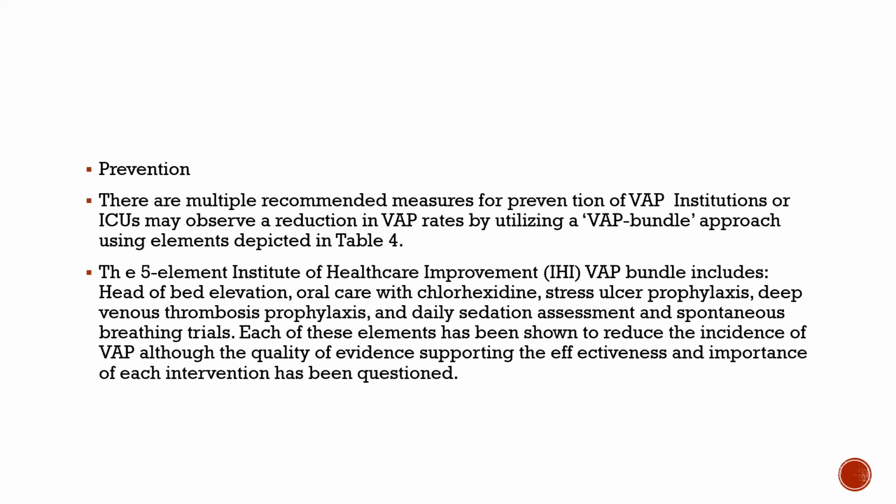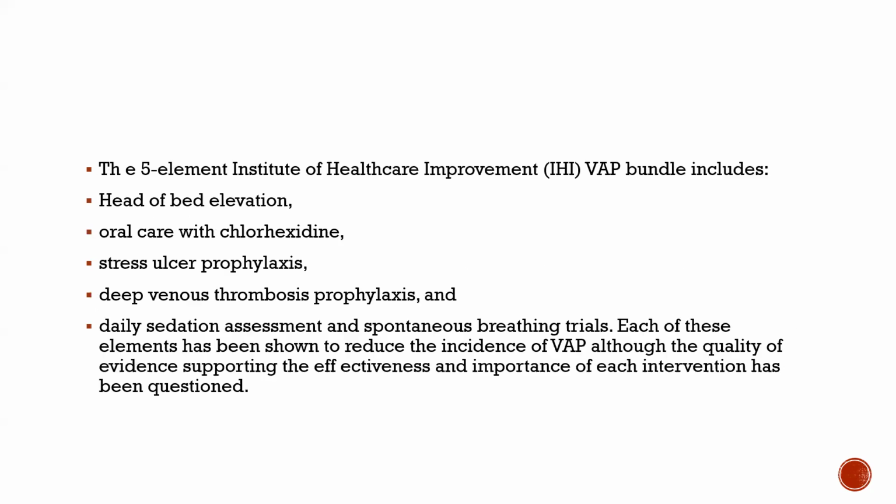Each of these elements has been shown to reduce the incidence of VAP, although the quality of evidence supporting the effectiveness and importance of each intervention has been questioned. So this VAP bundle includes head of bed elevation, oral care with chlorhexidine, stress ulcer prophylaxis, deep vein thrombosis prophylaxis, daily sedation assessment, and spontaneous breathing trial.